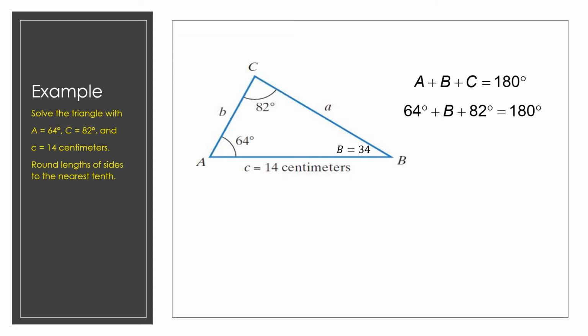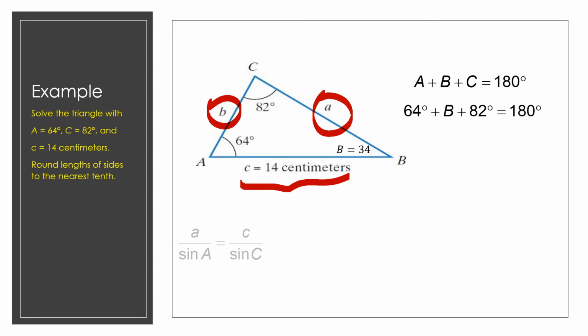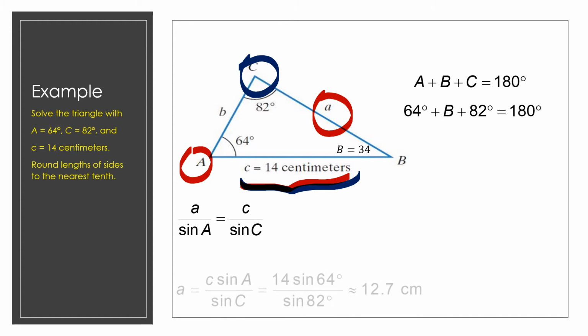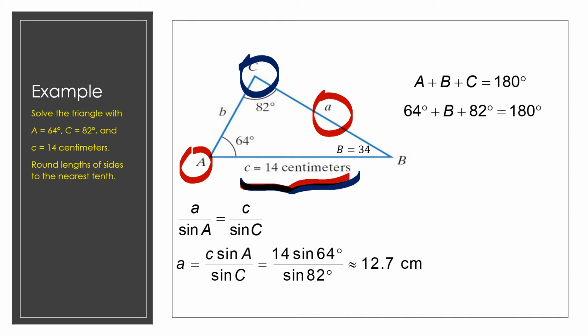Now we need to find side a and side b. If I look at my triangle, let's see what we have. We have the 3 angles, and we have one side, so we can make use of the law of sines. We don't have to use the 3 of them at once. We can take 2 proportions. So we took a and angle A, and we took c and angle C. We cross multiply.